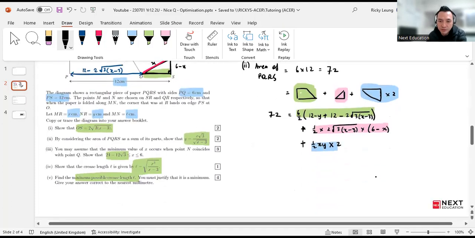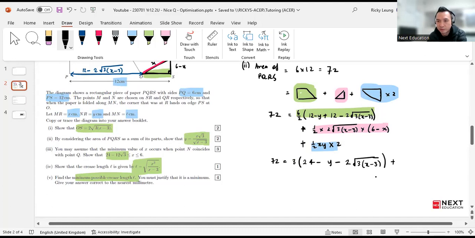Okay, let's see, 72 equals 2. Now, that looks like 3, 24 minus y minus 2 root 3 x minus 3, right? And then plus half and 2 go away.